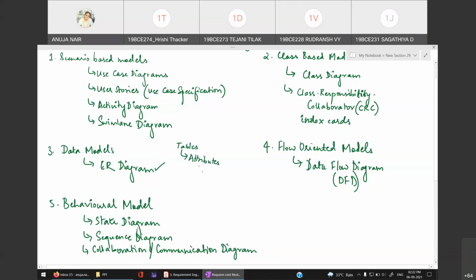And these attributes will finally have the actual data. So what you do in data models is that you find out the entities, and you show the relationship between these entities. That is what you do in the data model. So this model is known to you. The rest of the models, of course, would not be known to you and we would be learning about them.